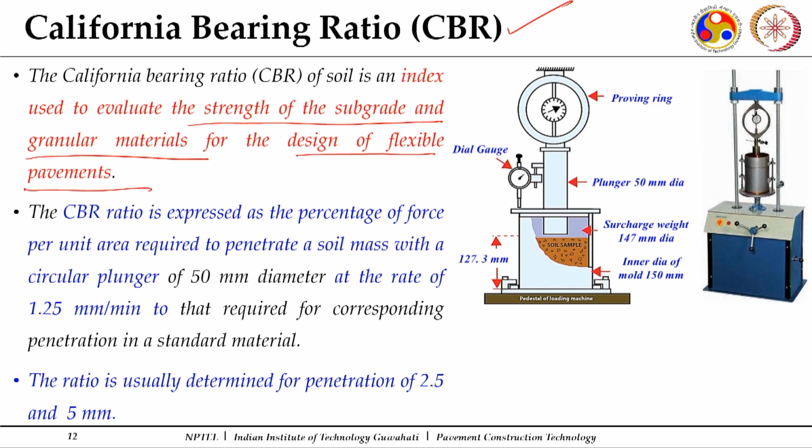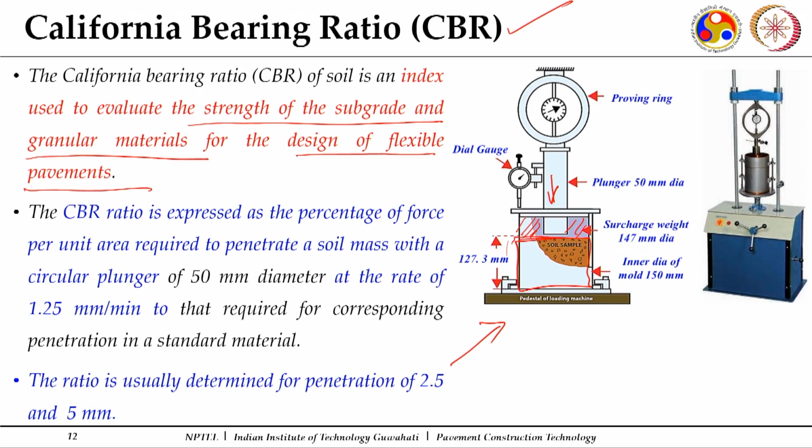Now, what is this? This is a penetration test. You can see from this particular setup, there is a cylindrical mold, there is a soil sample here, on the top of it a surcharge weight plate is placed, and then this plunger is penetrated into this soil mass. So, there will be a resistance to this penetration, and we will measure how much load is required to give a given amount of penetration.